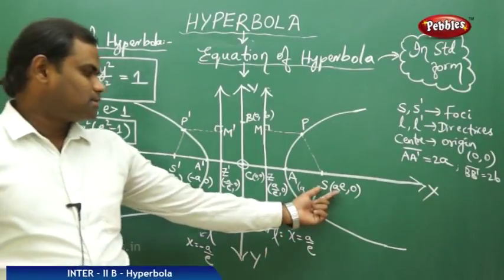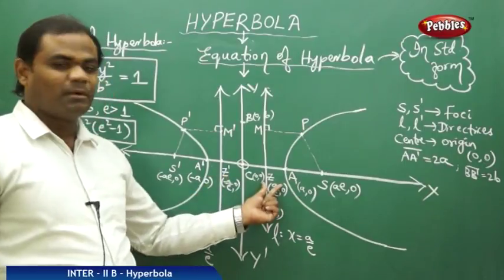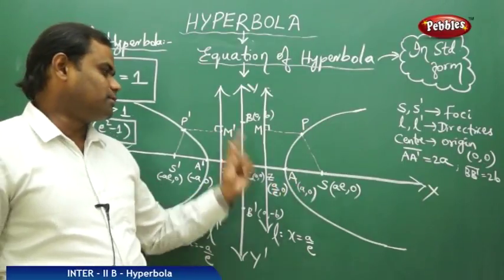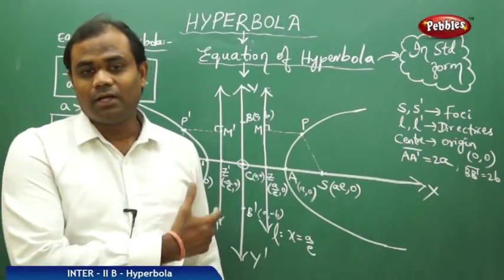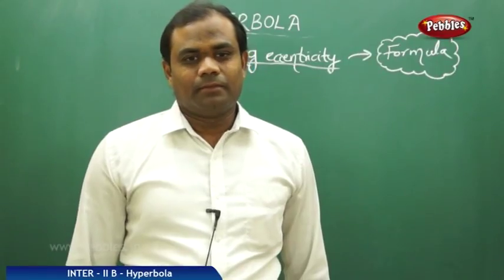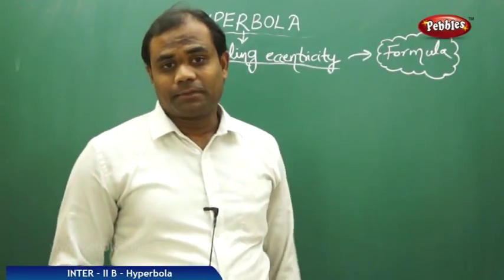The focus, the vertices, the center, the foot of perpendicular of the focus on the directrix, and the equations of directrix are all out here. Now let's see how we can find the formula for eccentricity.